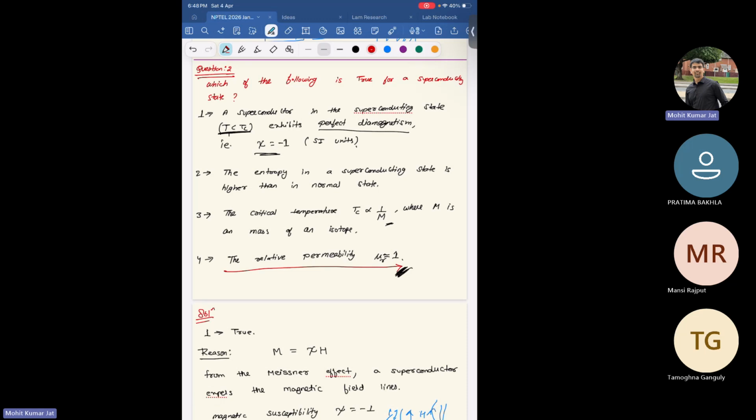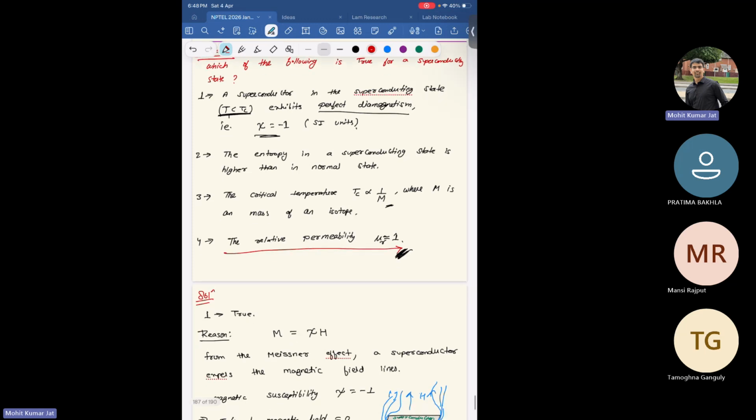It has zero resistance and a more ordered state, because the state collapses to one state, a Bose-Einstein condensate, and you have these Cooper pairs. And the critical temperature goes inversely with the square root of the isotope mass. So if you know the critical temperature of one material, you can tell the critical temperature of its isotope, which has a different mass.